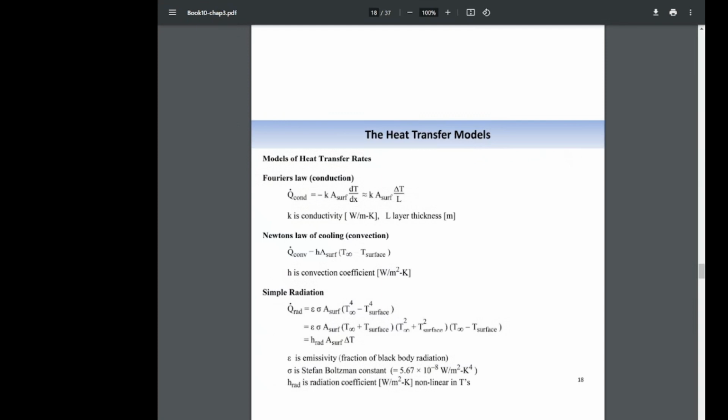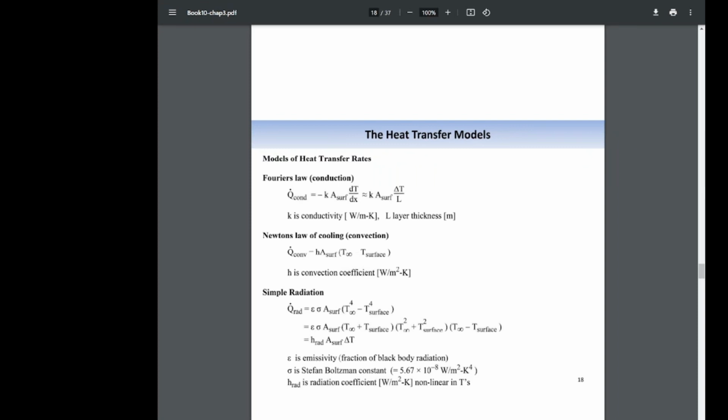The next is convection, which is equal to H, the convection coefficient, times the surface area times the delta T term, so T infinity minus T of the surface.